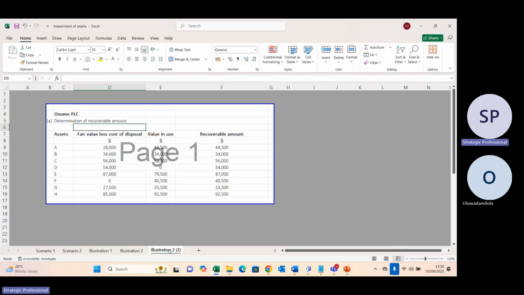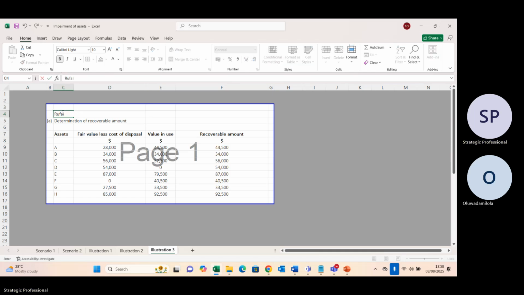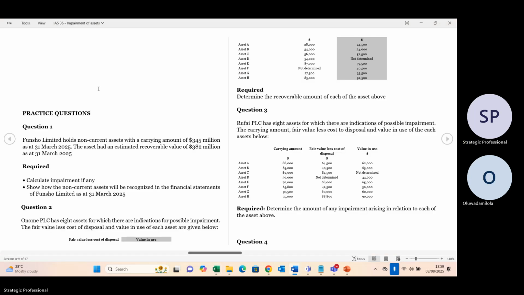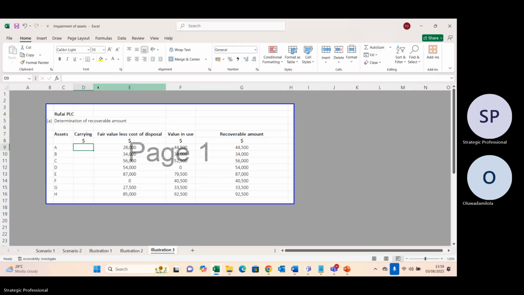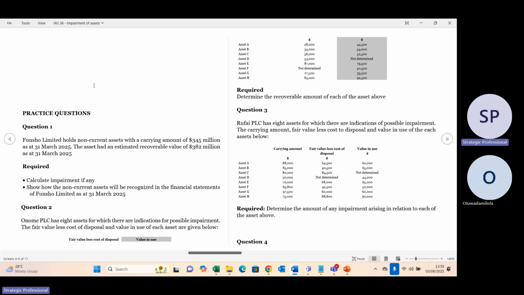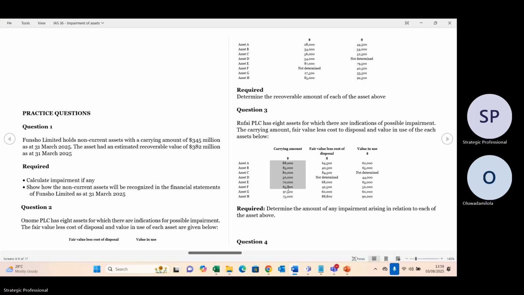So illustration 3. Carrying amount. The carrying amount is 88,000.